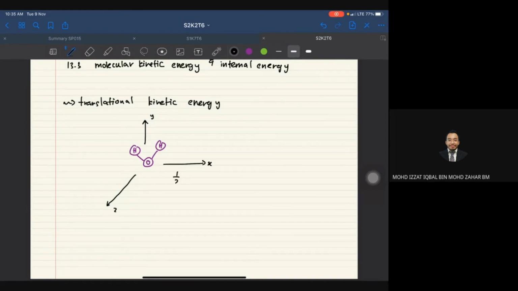And for each one of these, setiap satu direction tu represent, sorry, bukan square, half KT. So setiap satu pergerakan tu dia represent 1/2 KT. Saya tengok nota kamu dia tunjuk macam mana.